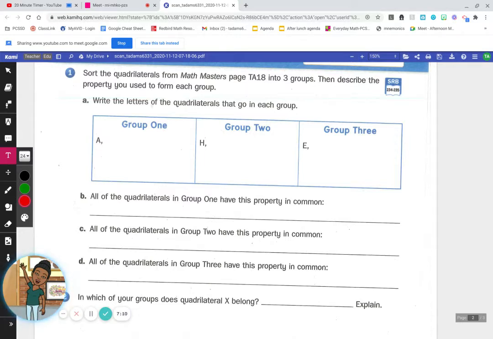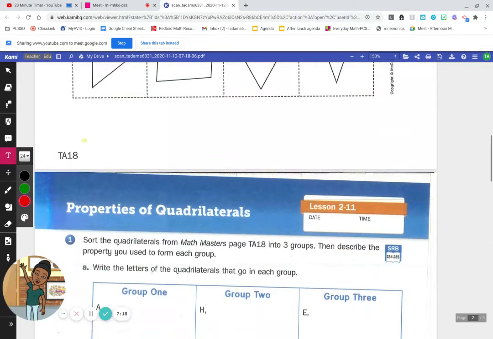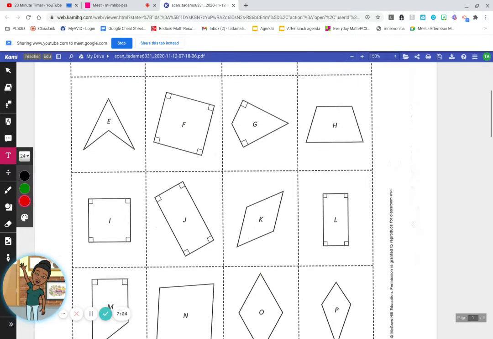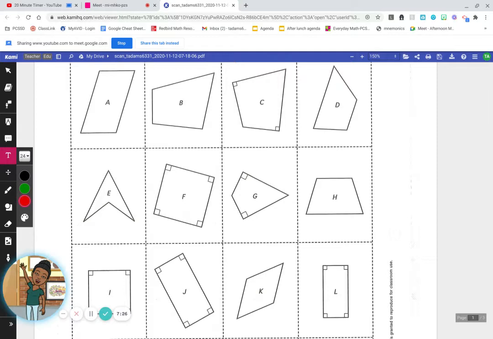Parallel lines. So we are looking for lines that never meet. We will identify the quadrilaterals and see if they have parallel lines, sides that never meet, or sides that do meet. So keeping that in mind, let's look at quadrilateral A.